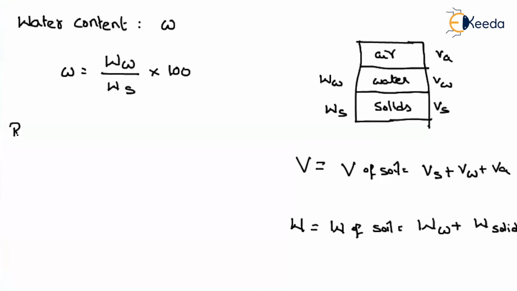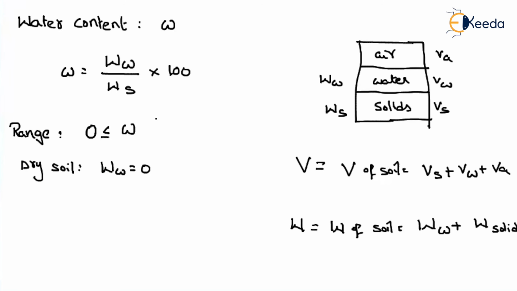Then what about the range? Is there any possibility that your water content percentage will be equal to 0? Yes. Why? Because if you are talking about dry soil, is there any water present in the soil? No. That means the weight of water will be equal to 0. So a water content of 0 is possible when it is a dry soil.